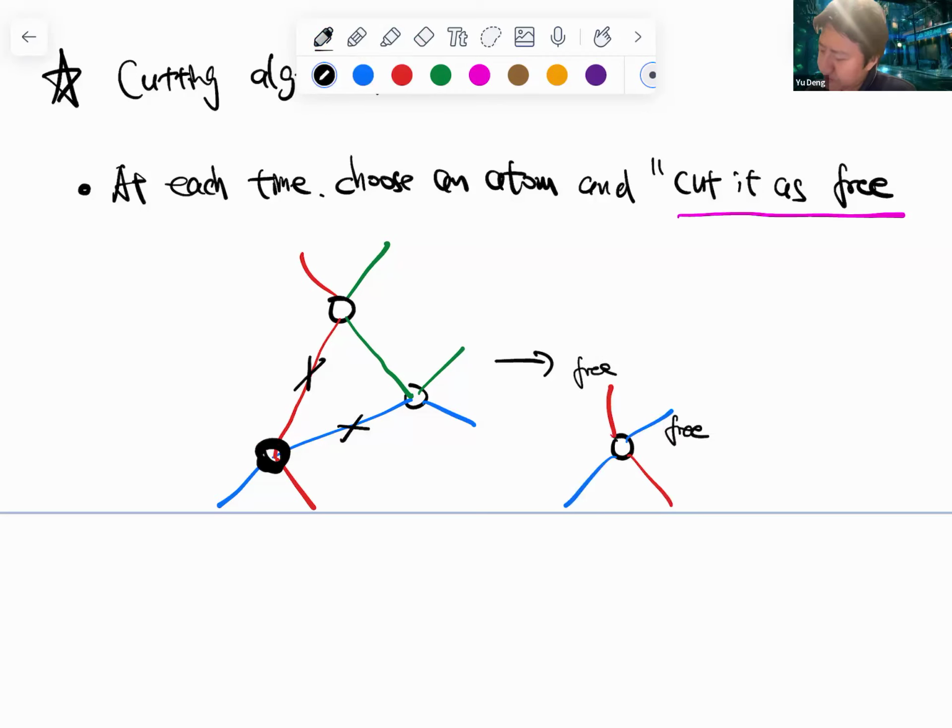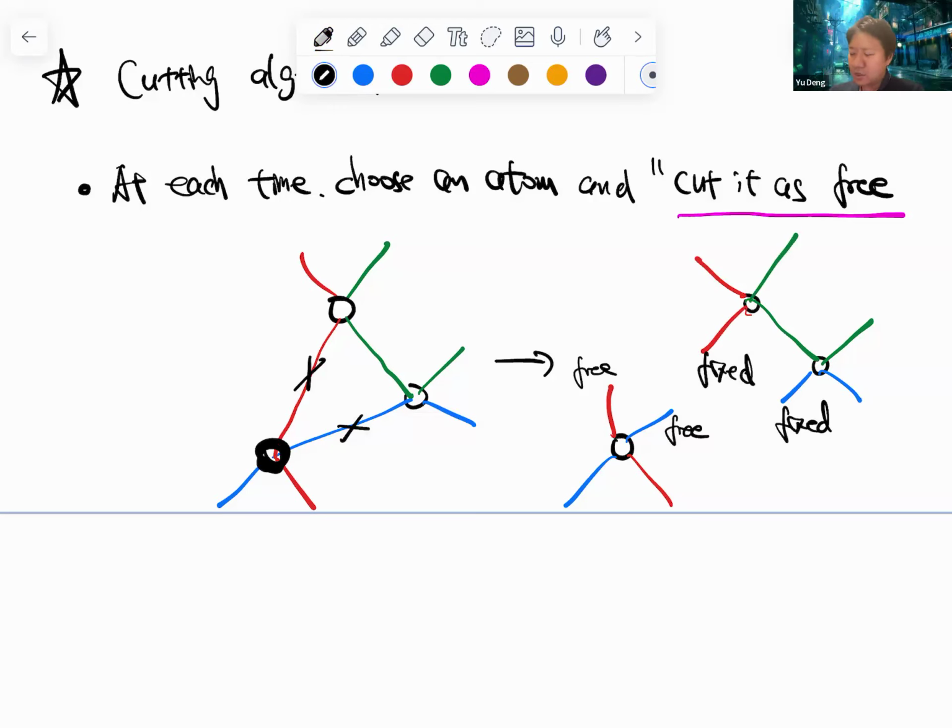This is free. And then we have two things here. We have this, and we have this, which is fixed. Then we have this, which is fixed.